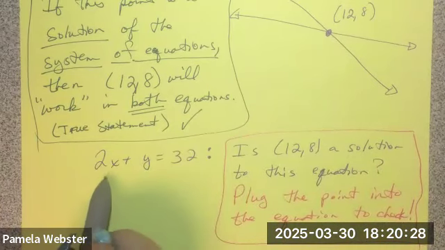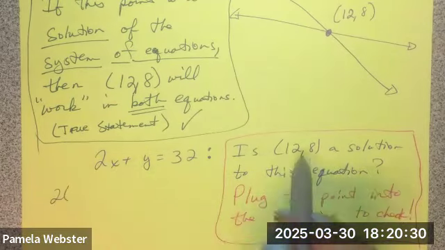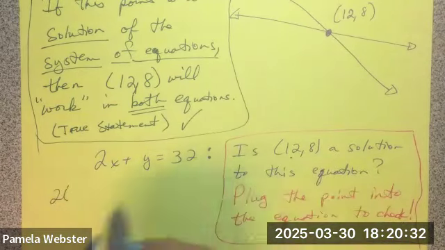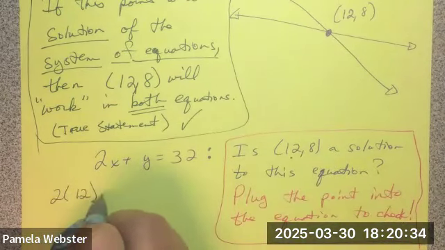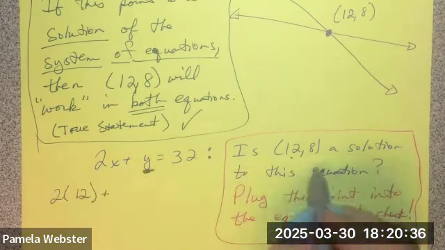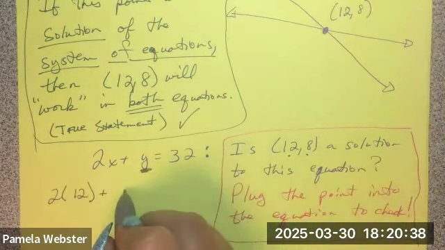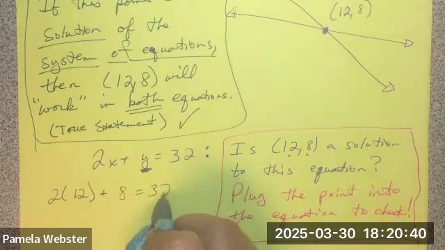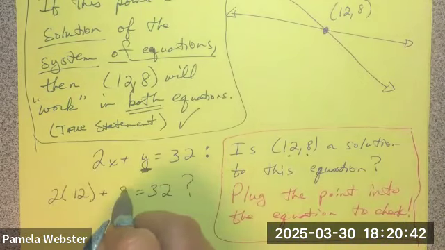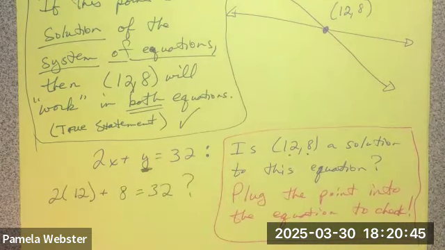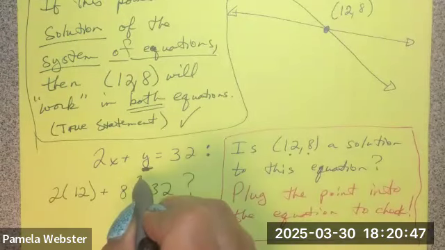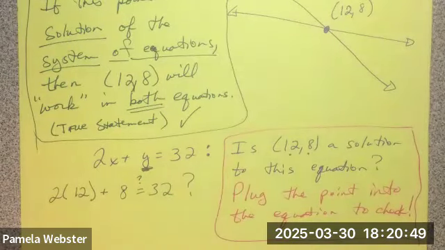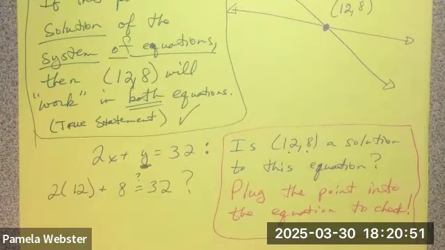Okay, so let's see. I've got 2 times the x value they want me to check, which is 12, plus the y value they want me to check, which is 8, equals 32, and I'm going to put a question mark. That's what I'm trying to find out. Sometimes in the text or in the homework, you might see them put a question mark right on top of that equal sign.